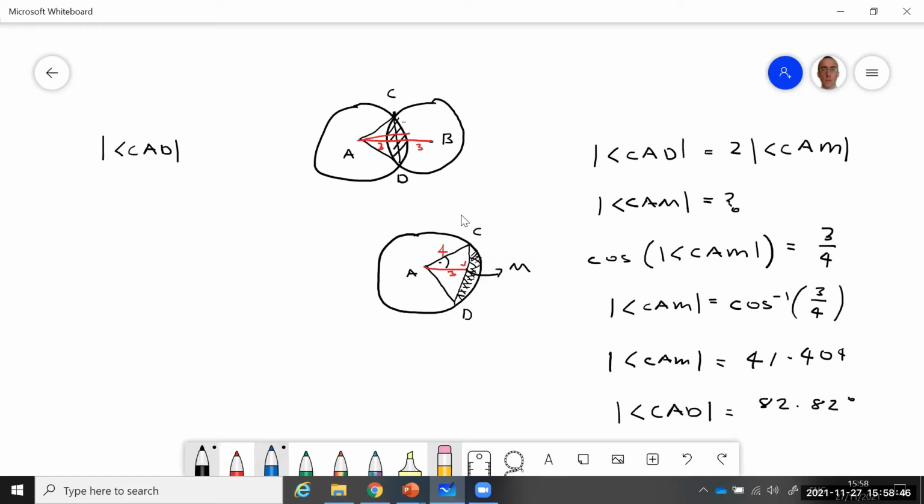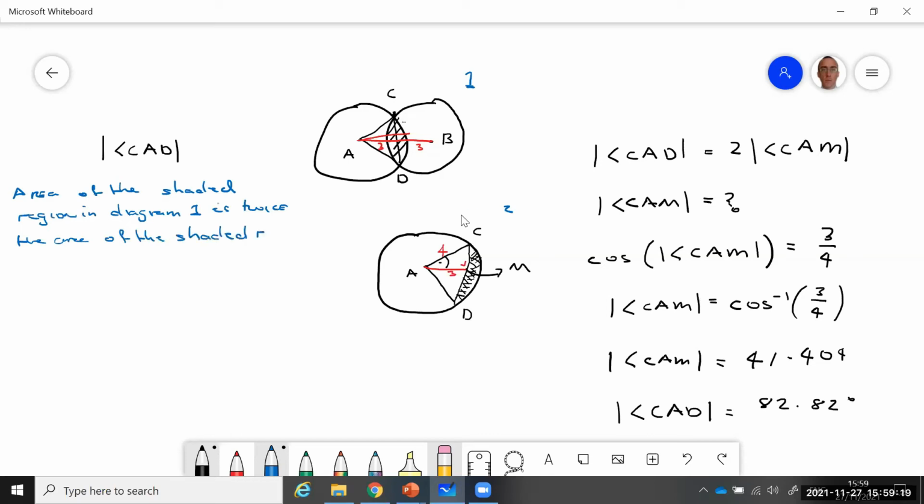So let's call this diagram 1, and let's call this diagram 2. So the area of the shaded region in diagram 1 is twice the area of the shaded region in diagram 2.